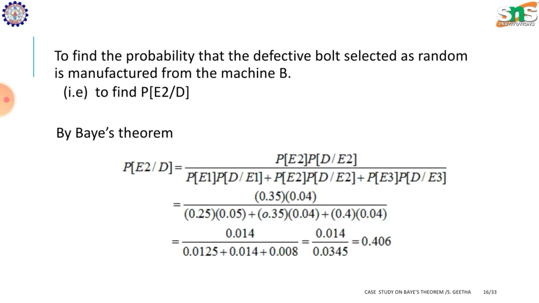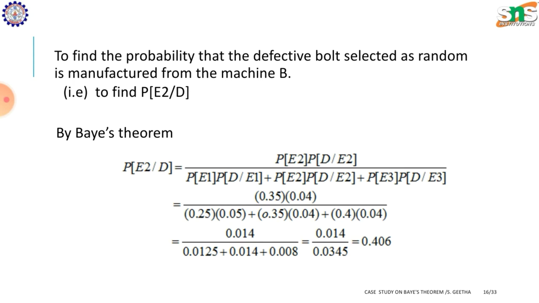Next, to find the probability that the defective bolt selected at random is manufactured from the machine B. That is, we have to find P of E2 given D. Here we are going to use Bayes theorem.